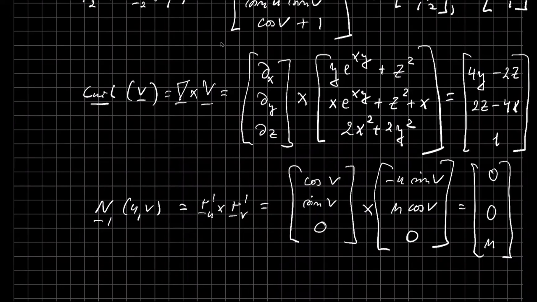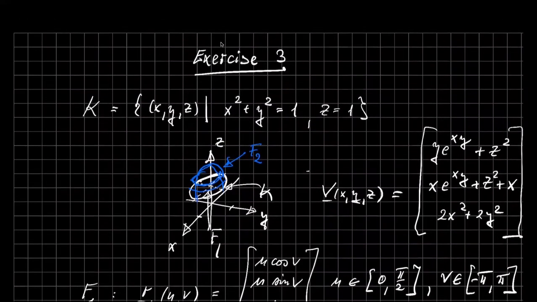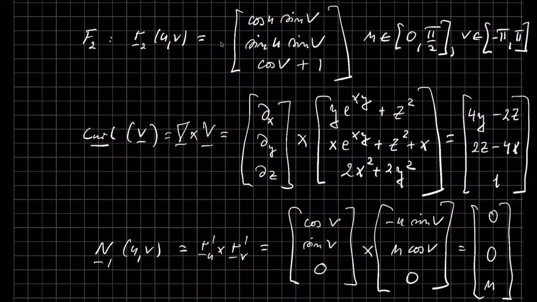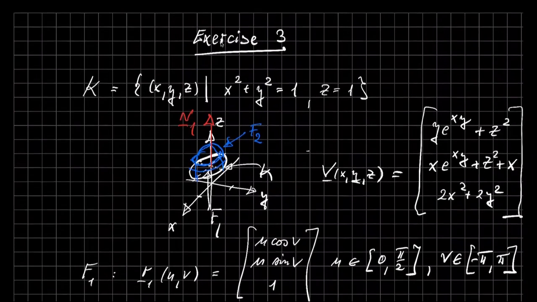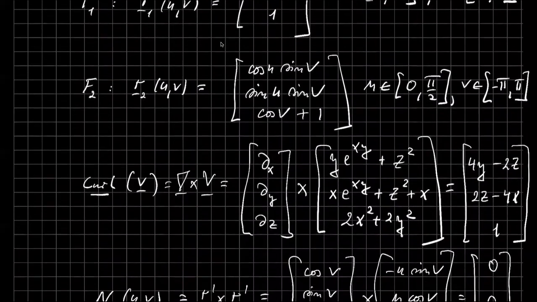So the normal vector is pointing, say, if I draw this in red in the figure, in that direction, and this means that the orientation of k for the circulation, when you use Stokes, will be in the positive, the counterclockwise direction.